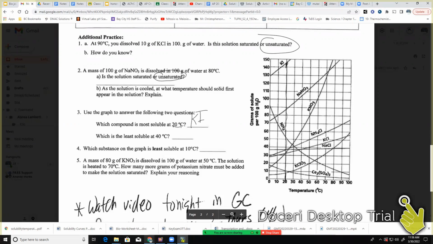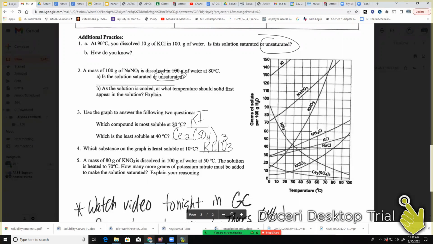So if I want the least soluble at 40, same thing: I start at that temperature and it would be the first one I hit. So that's, again, sodium sulfate. And so number 4, which one is least soluble at 10 degrees Celsius? Potassium chlorate, KClO3, exactly.